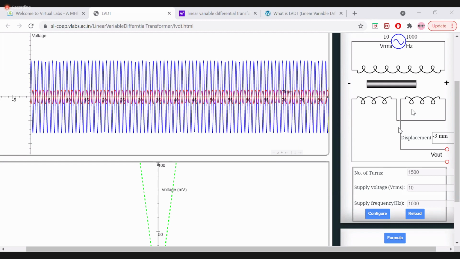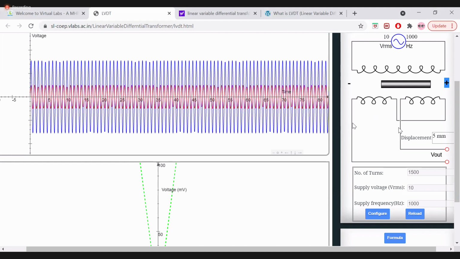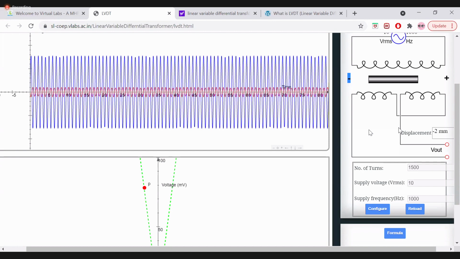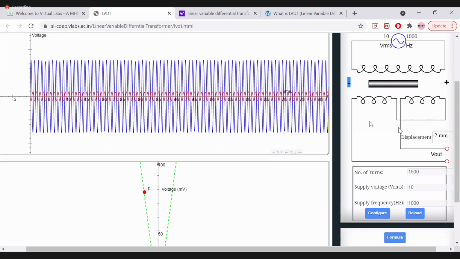If we move the core towards the right, the first coil's voltage increases, and if you move towards the left, the second coil's increases. The flux of the first and second coil changes if you move the position of the core. How many coils do we have in secondary? First and second. Secondary one and secondary two. Okay, Amma.